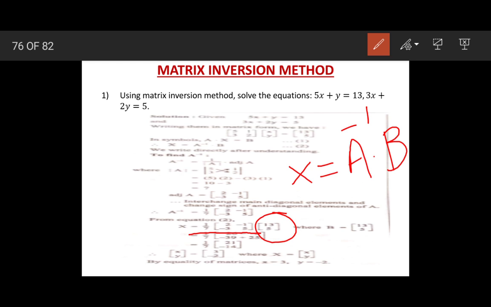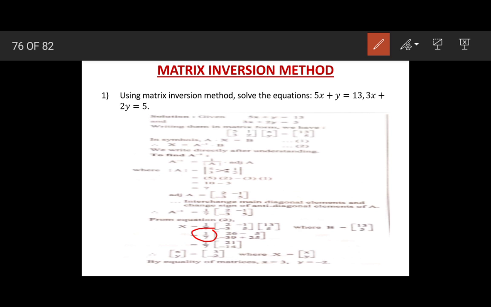Okay. Now after writing this X, what we have to do? Keep 1 upon 7 as it is, and then do the multiplication of matrices. So multiply the first row with the column. 2 into 13 will be 26. -1 into 5 will be -5. So 26 minus 5 will be 21.